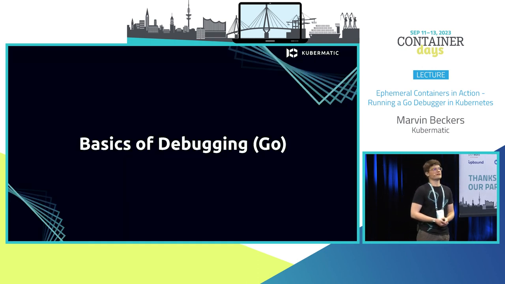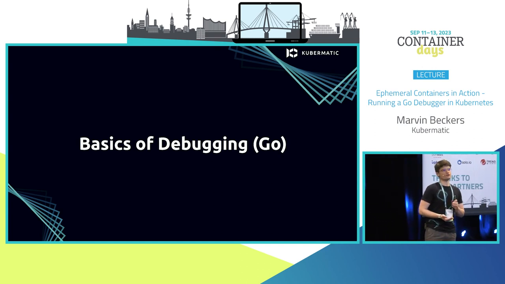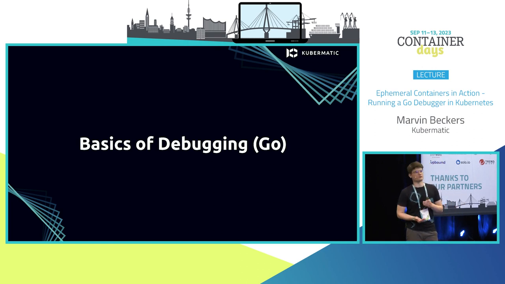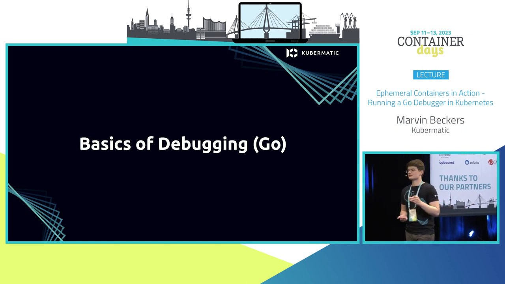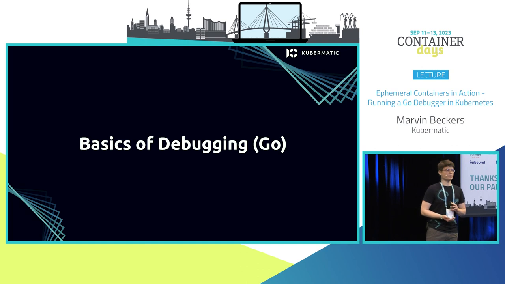First of all, let's start with what I want to do. What I want to do is I want to debug an application. In my specific case, and probably in a lot of your cases as well, it's a Go application. But, well, the principles that I'm applying here should work with most debuggers for different languages, as long as they speak a couple of protocols, they fulfill a couple of criteria, we're going to talk about them.